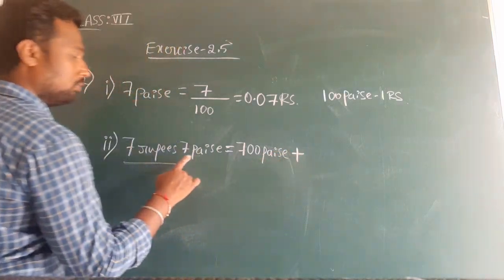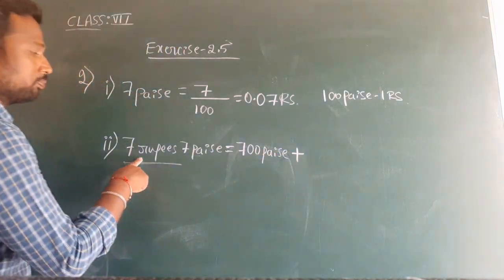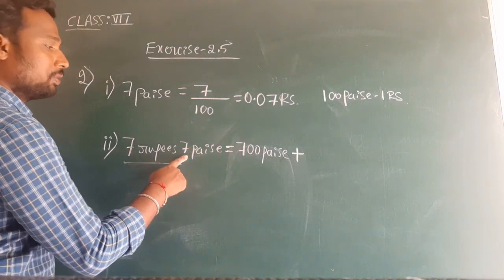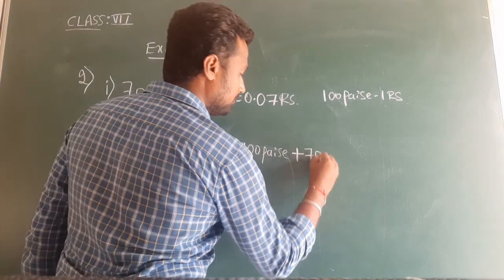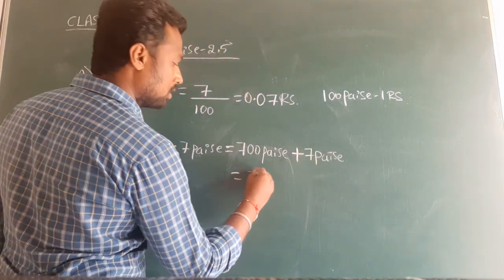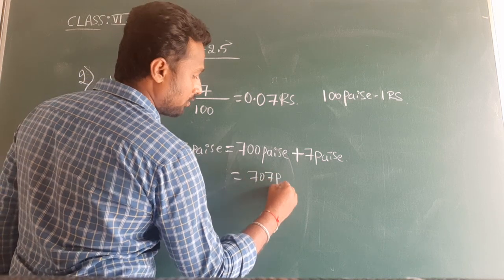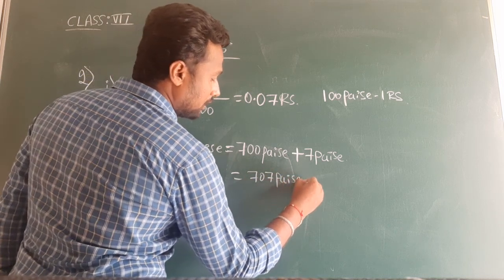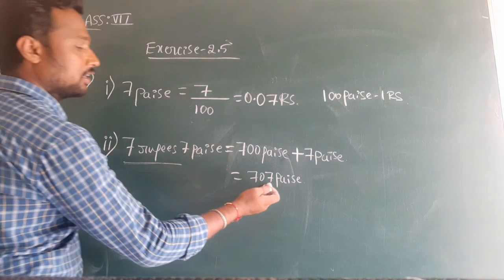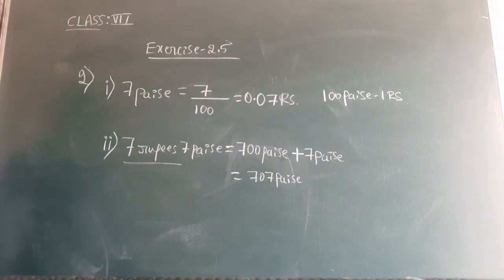And here we have 7 paise extra. 7 rupees 7 paise means 700 paise plus 7 paise. So 700 plus 7 means 707 paise. Now we can convert this 707 paise to rupees.